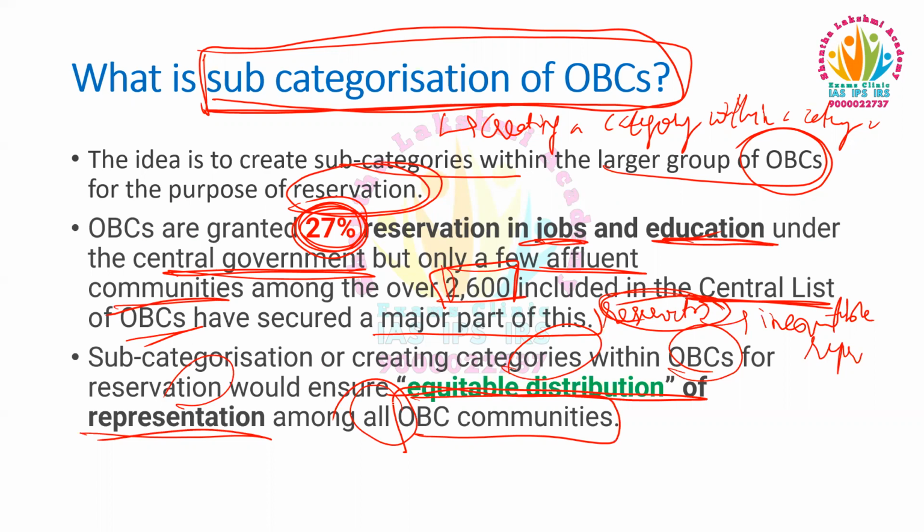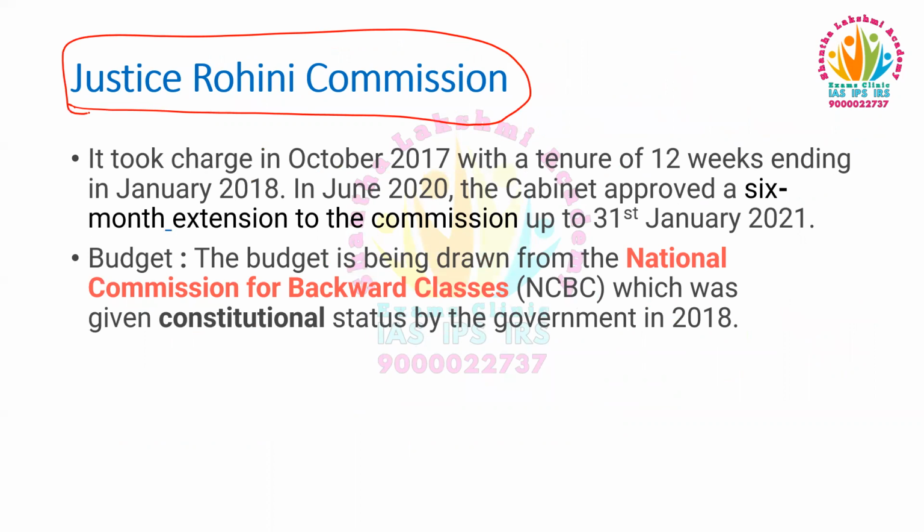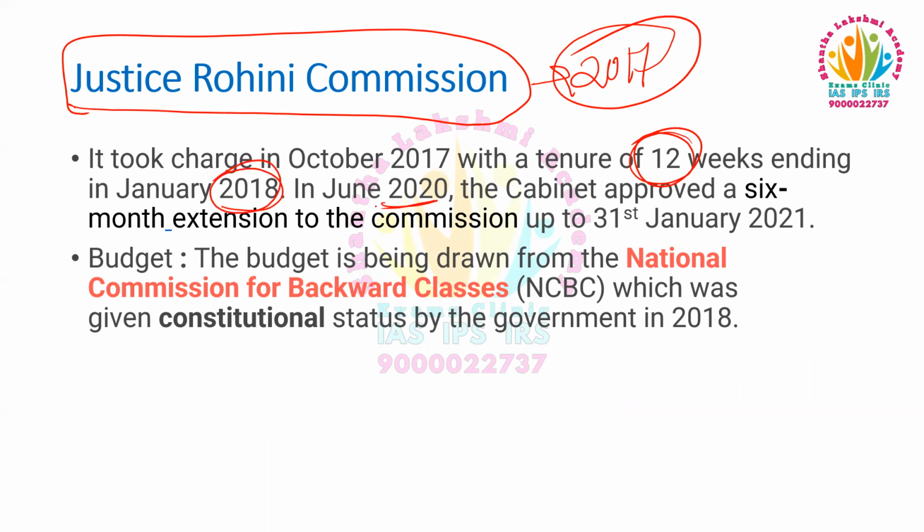And moving forward, now let us see some details about this Justice G. Rohini Commission. This commission was appointed in 2017 with a tenure of 12 weeks ending in January 2018. But in 2020, the central government extended its tenure for 6 months, that is up to 31st January 2021.